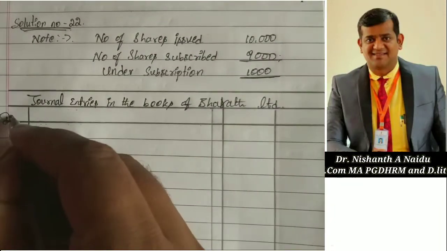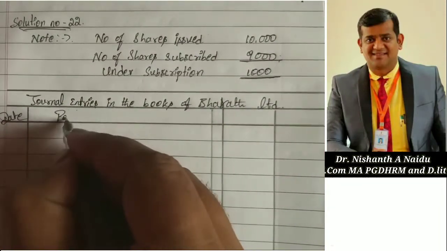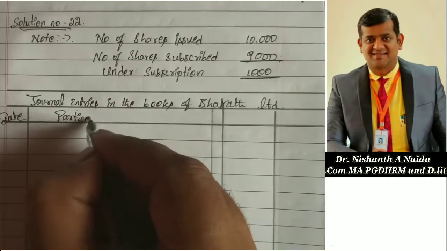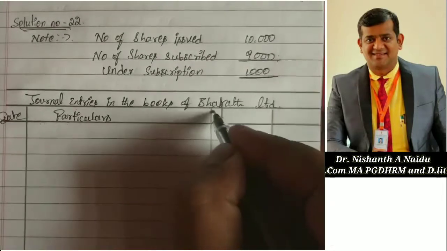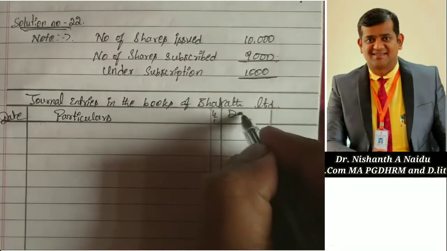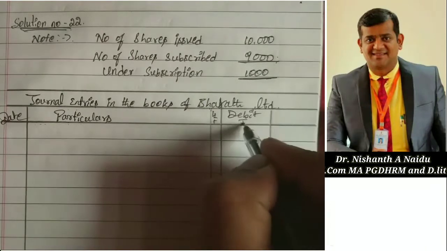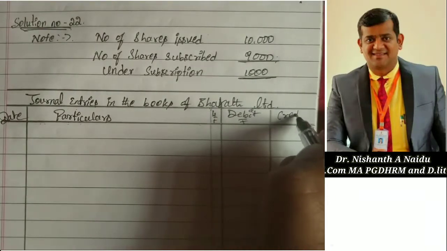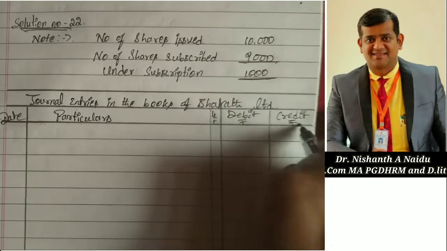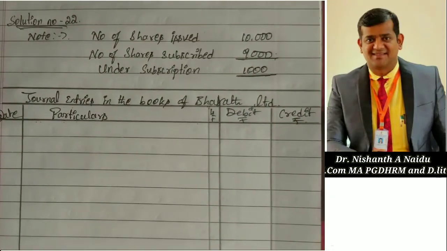Write date, particulars, LF, debit rupees, credit rupees. So I'm ready with the table.